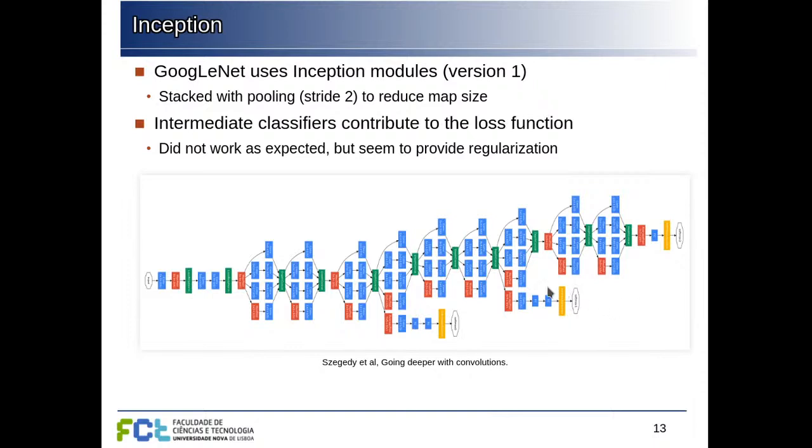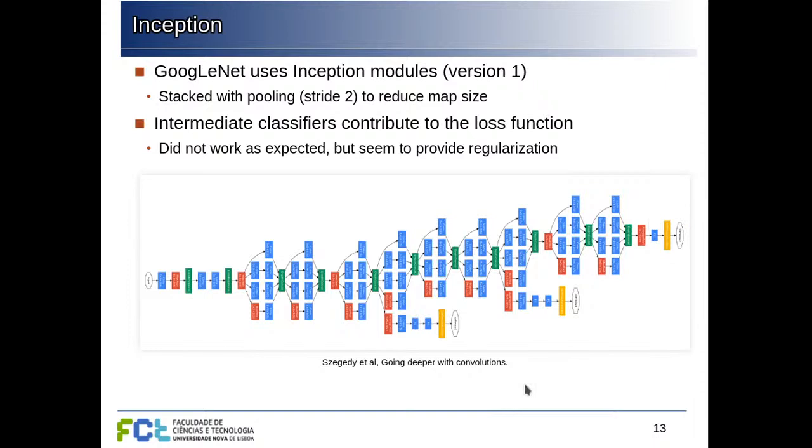And the idea here initially was to try to speed up the training of the previous layers, because if you put a classifier here, you are effectively trying to train a network that has only this depth, and the result of this network will then be used by the following part in order to train this network here, and then the result of that would be used for the final network.